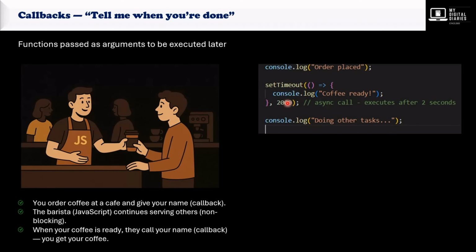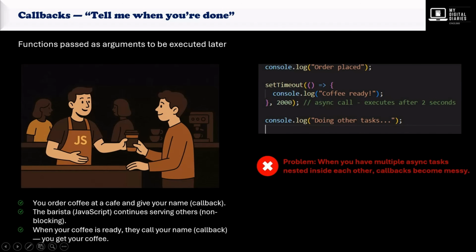That's why console.log coffee ready will appear later, after 2 seconds. Meanwhile, the next line, console.log doing other tasks, gets executed right away, showing that JavaScript didn't wait for the timeout. It continued running the next task, perfectly demonstrating non-blocking behavior.